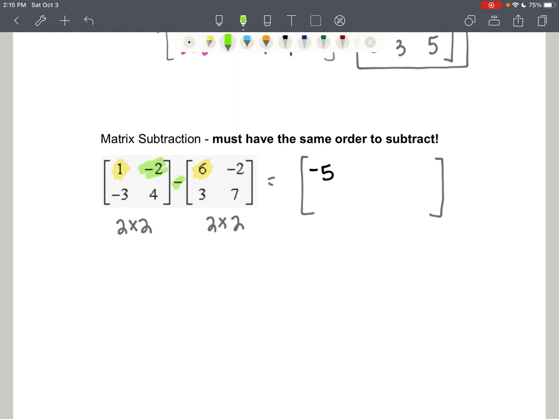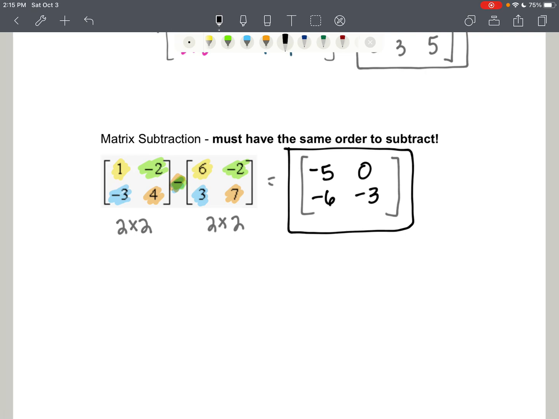Negative 2 minus negative 2 is 0. Negative 3 minus 3 is negative 6. And 4 minus 7 is negative 3.